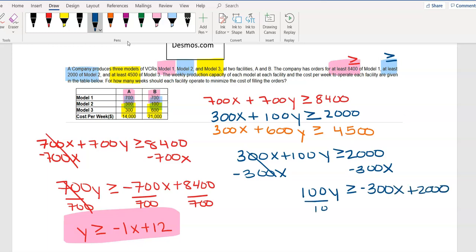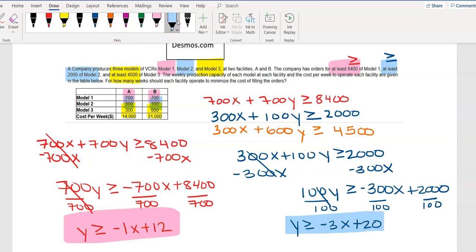And then divide everything by 100. Again, because we're dividing by a positive, we do not need to flip our inequality sign. So we're okay there. And there's our second equation, and that's the same equation we got this morning. So there's two of the three.